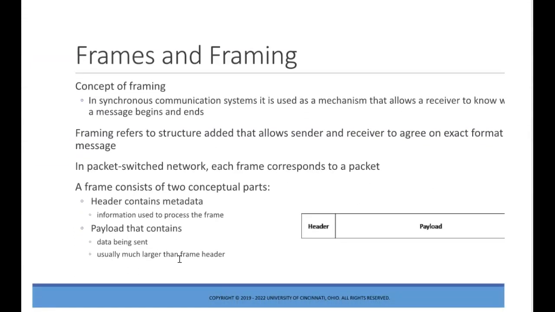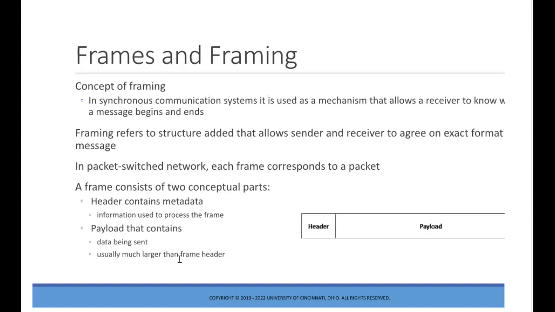Framing refers to the structure added to a sequence of bits or bytes that allows a sender and a receiver to agree on the exact format of the message. Although words are made up of individual bits or bytes, we don't just send a character or a byte at a time, but a package in the communication stream during transmission.